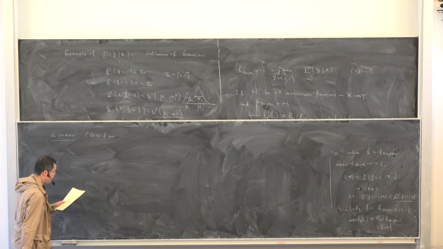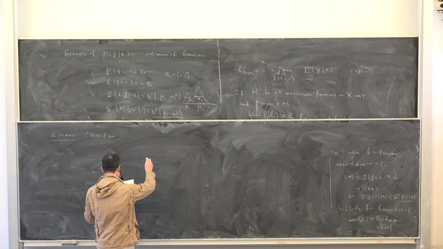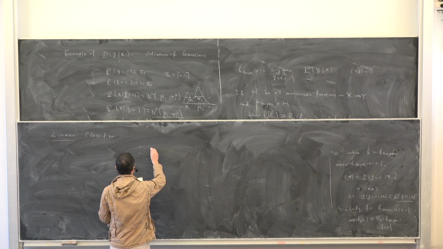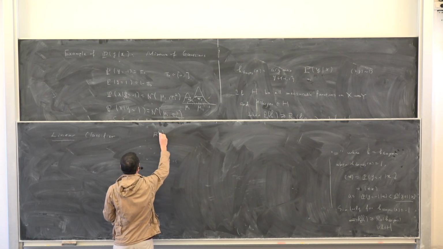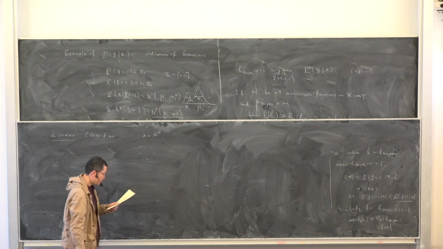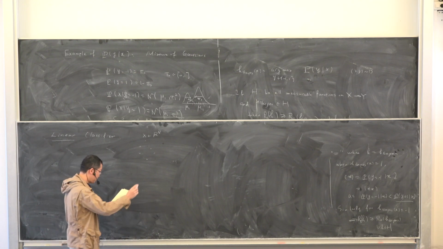It is called a linear classifier. So what that means is that you have your data points on X. I have, for example, a bunch of observations.